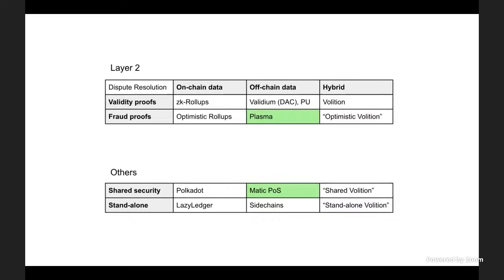Many of these solutions, excluding probably only Starkware, because their validity proofs are based on STARKs, a separate flavor of cryptography that doesn't require a trusted setup, all require a trusted setup. A trusted setup is a ceremony where you generate some initial parameters that are required to later produce these validity proofs.